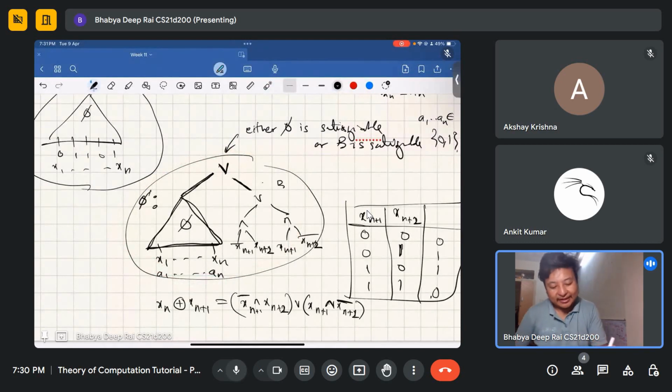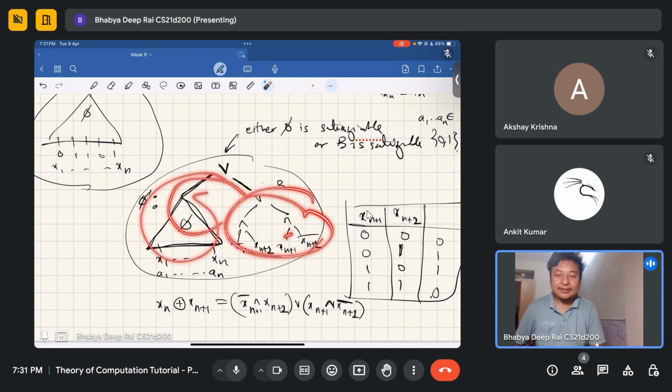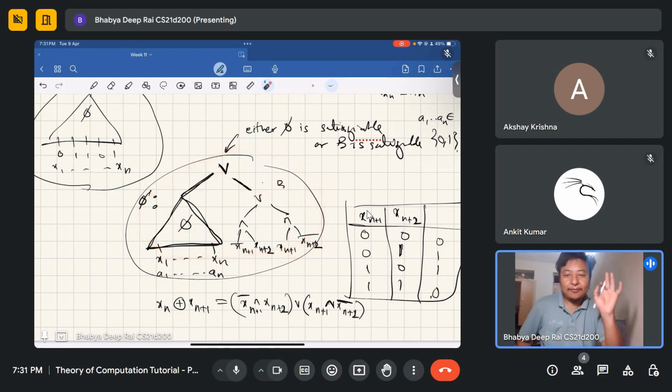Similarly, I'll take A1 to AN as a satisfying assignment which satisfies phi, so this branch is set to 1. Next, I will set xn plus 1 and xn plus 2 as 1, 0. Then this branch will become 1, and A1 to AN followed by 1, 0 satisfies both these parts, and therefore the entire circuit will give a 1.